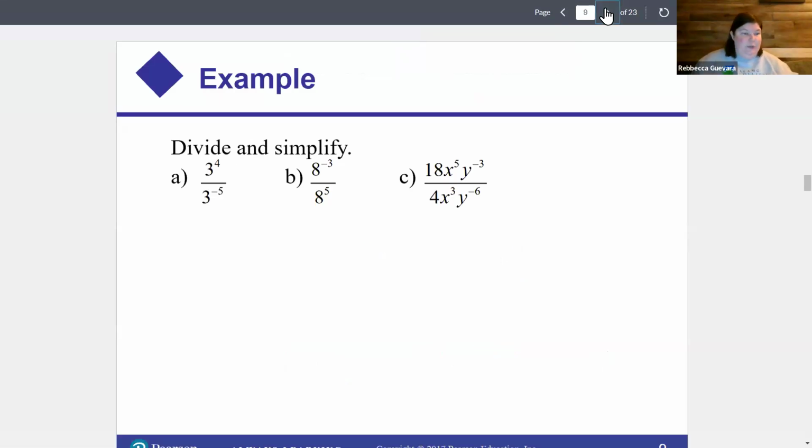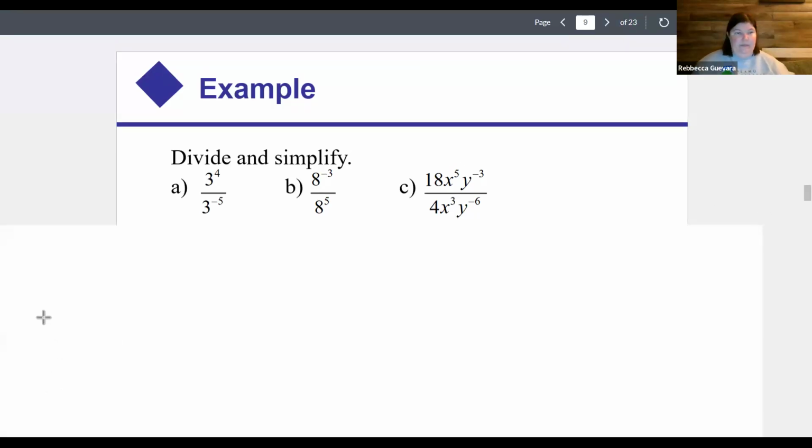Okay, just some quick examples here. For A, we have 3 to the 4th divided by 3 to the negative 5th.